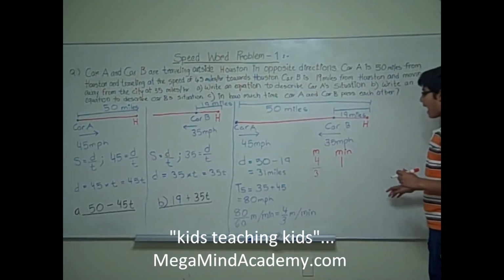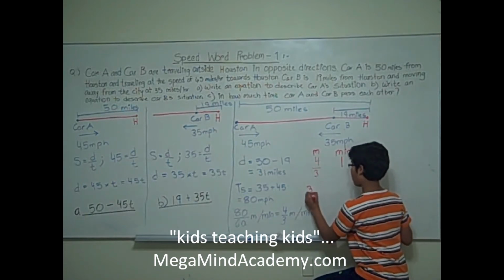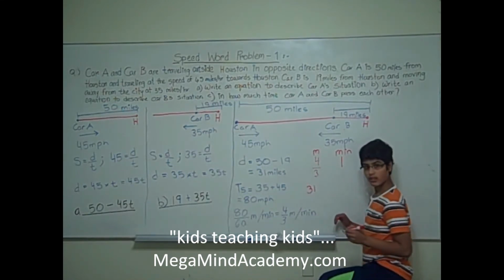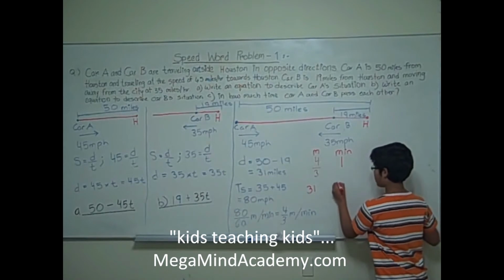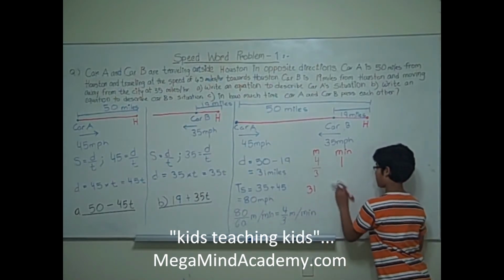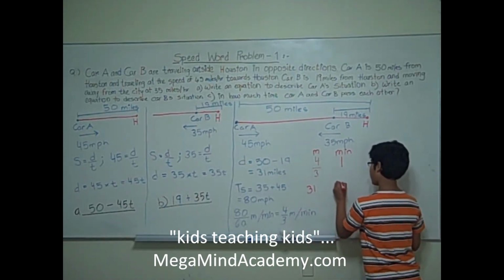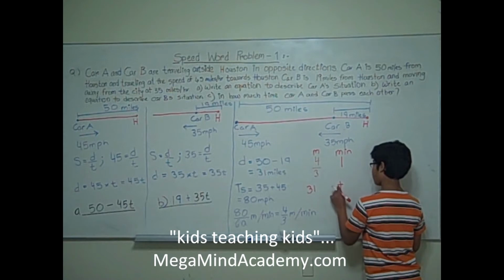So how many minutes does it take for them to travel 31 miles? Instead of putting a question mark here, like we normally would, let's put a T for time. So we have to now cross multiply.